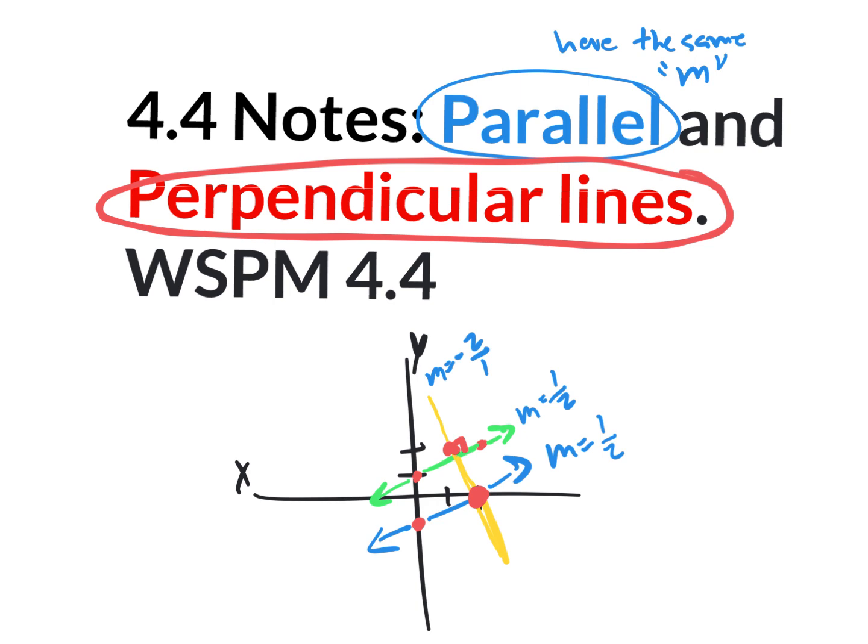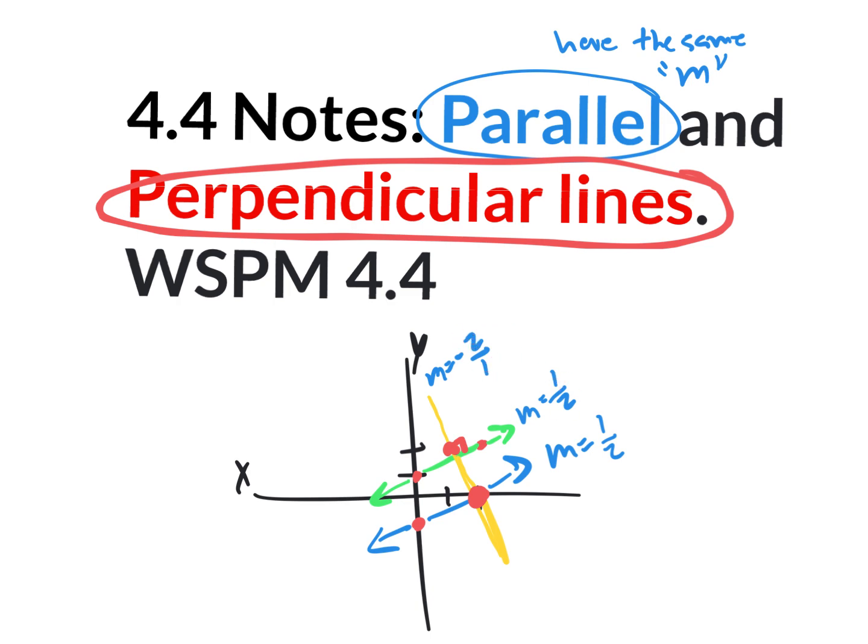Not only that, this slope, rise over run, besides that it's negative, you have a 2 on top and a 1 on the bottom, and this slope of the green one has a 1 on the top and a 2 on the bottom. So that is the relationship between the slopes of perpendicular lines, that the sign changes and the fraction flips. The negative changes to positive, and the fraction flips.